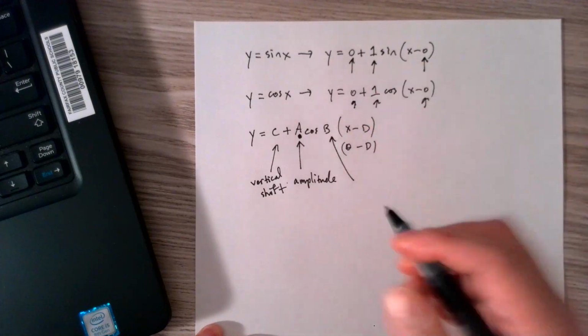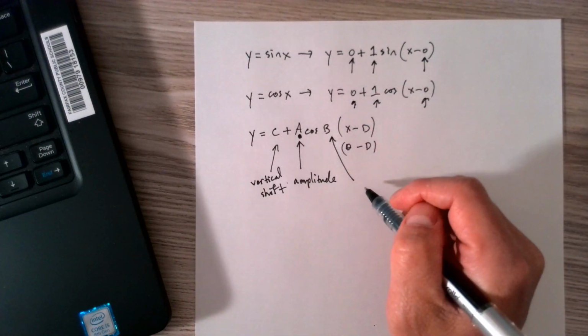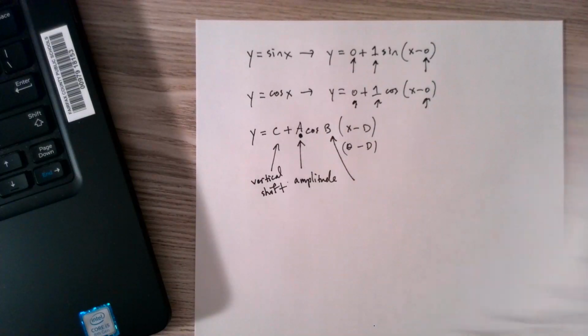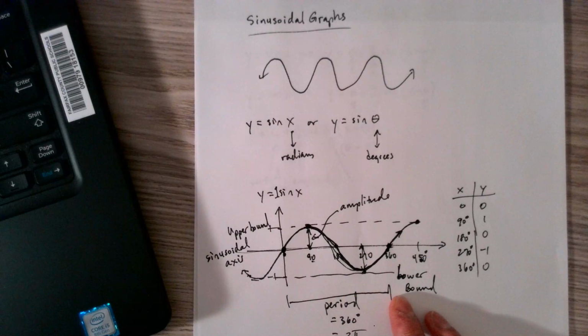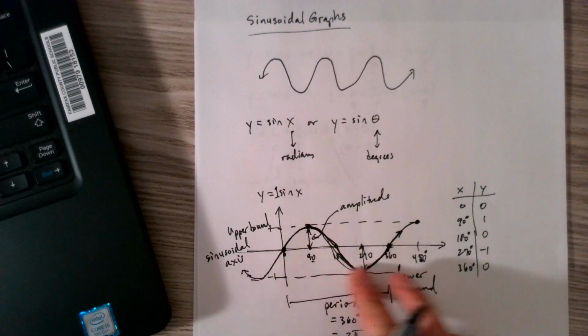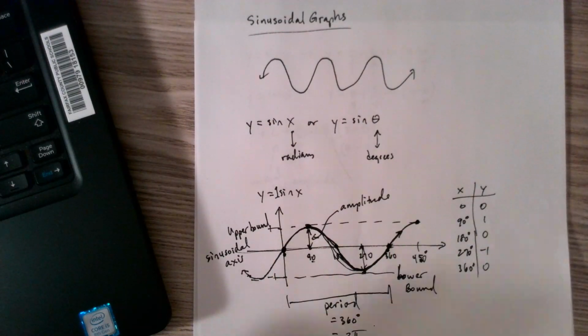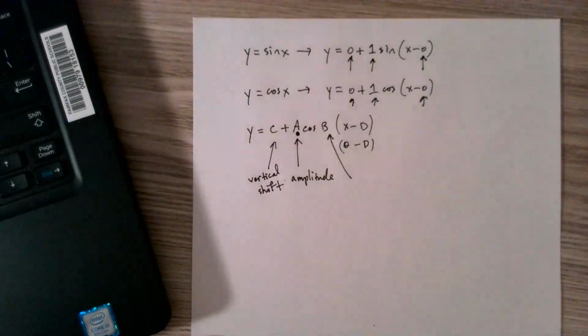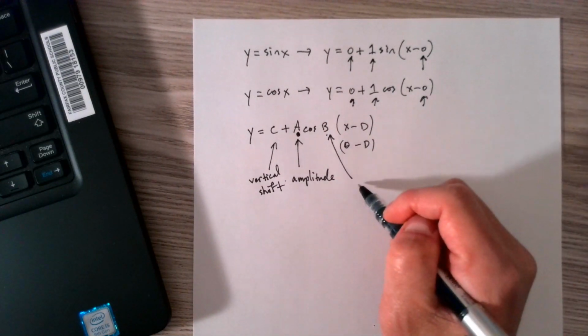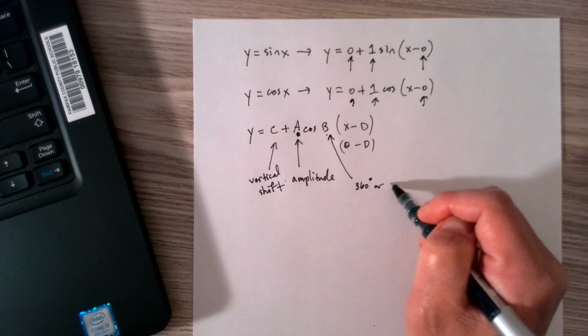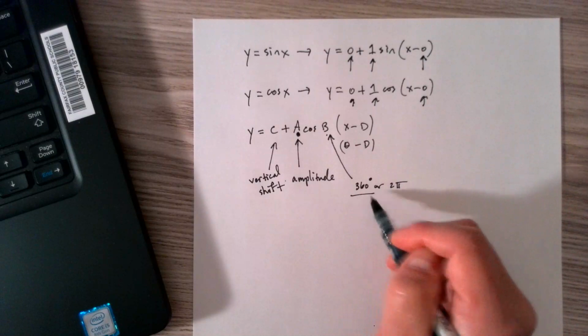B has to do with the period. We mentioned the period being the length of x that spans one cycle. And I mentioned that you could expand the period or shrink the period. So to determine the period of the sinusoidal, you take 360 degrees, or 2 pi, and you divide by b.